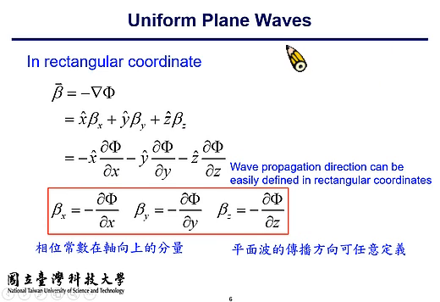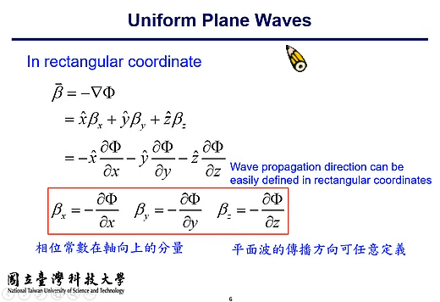And as we know, by definition, the vector phase constant is the result of the negative of the gradient of phase function phi. So it's a vector. So it has projection on x, y, and z axis. So the three projections of beta, beta x, beta y, and beta z, can be found very simply in Cartesian coordinate system, in rectangular coordinate system.